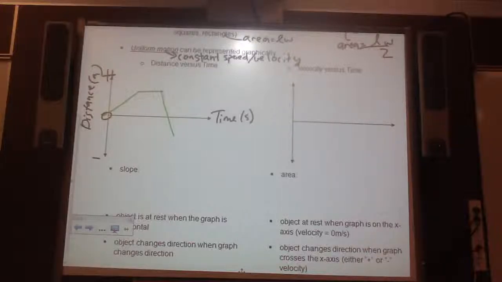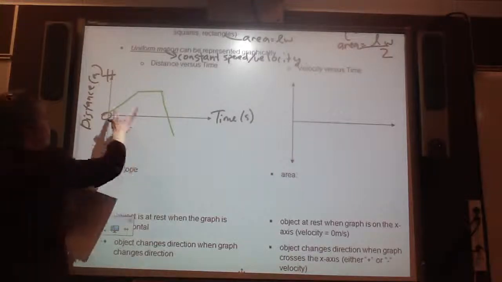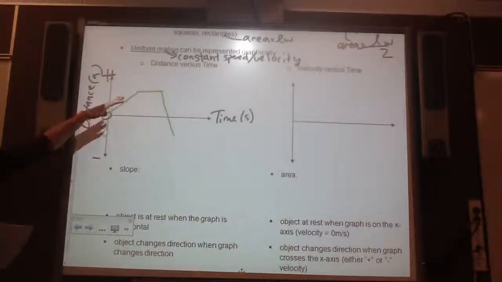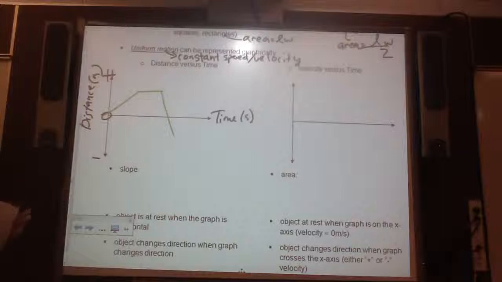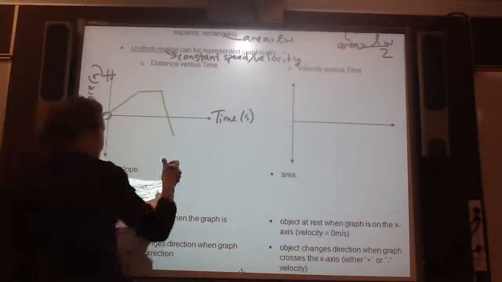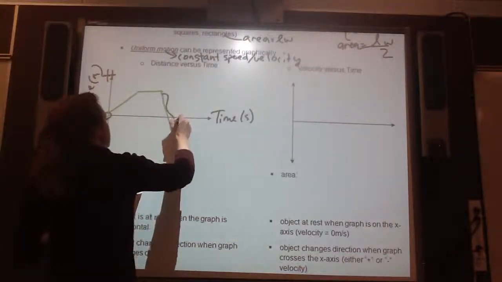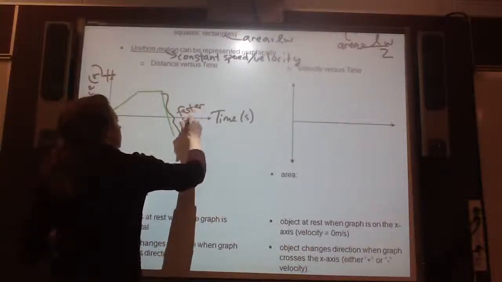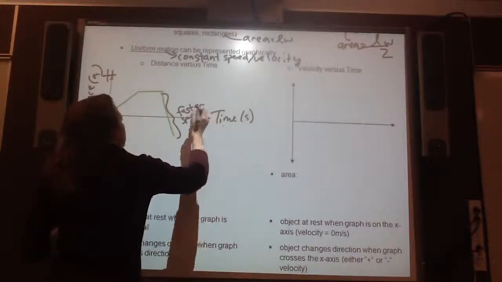So let's think about what this means. When I look at these two slopes, which one is faster? The steeper one or the not steep one? Steeper one will be faster. So this is a faster speed than what I started with.